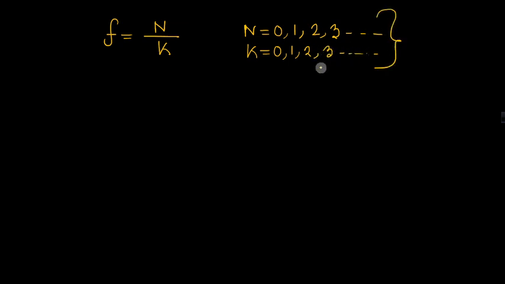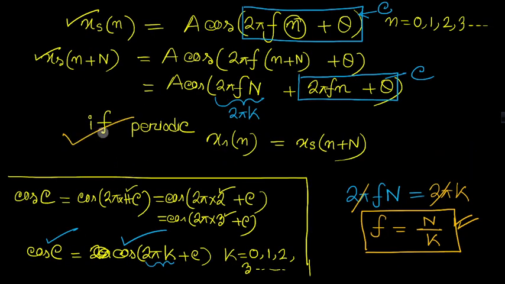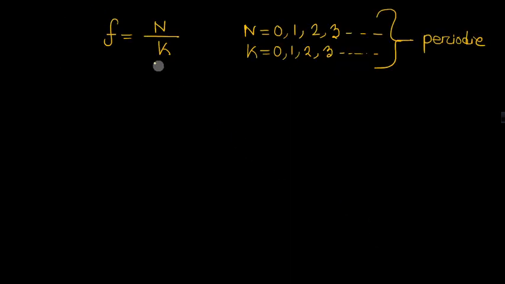If this is so, then we can say that the signal is periodic. That means our signal will be periodic if this is true, and from here we have obtained this ratio. So if f is a ratio of integers, then our signal is periodic.